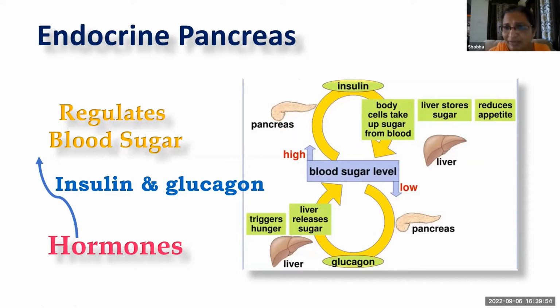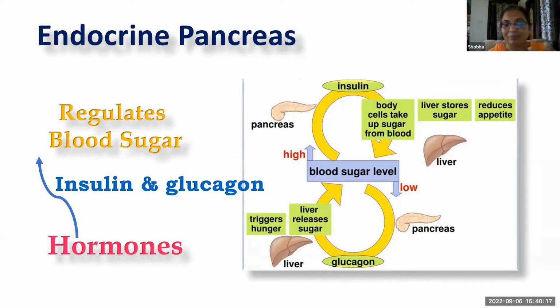But when there are low blood sugar levels, the pancreas releases glucagon hormone, which stimulates the liver to release blood sugars. So whatever is stored in the liver as glycogen, the storage form of blood sugars, is released into the blood to manage the blood sugar levels.